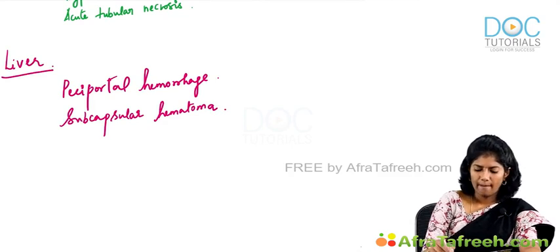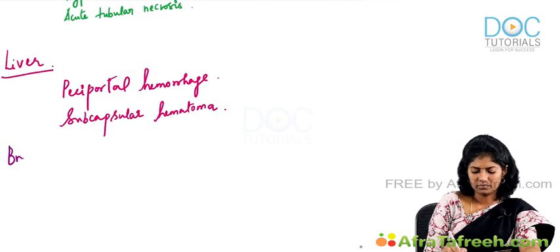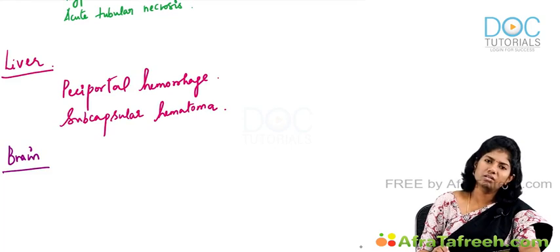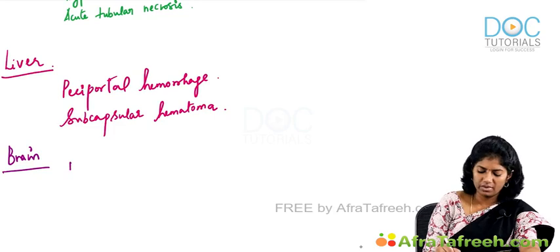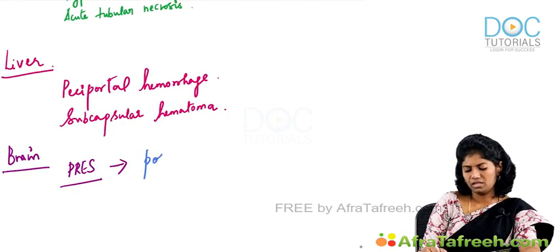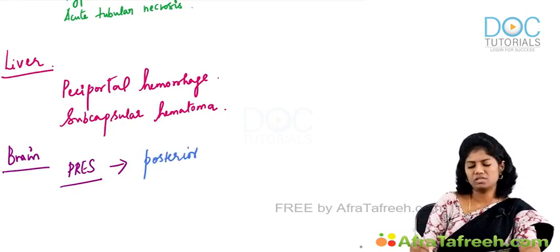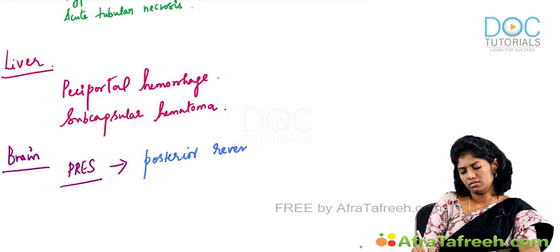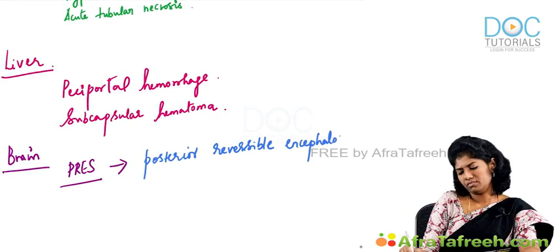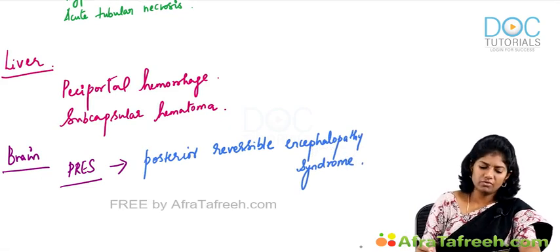Next, about brain. In brain, we have a very important condition called posterior reversible encephalopathy syndrome. We call it PRES. So what is PRES? PRES is posterior reversible encephalopathy syndrome.